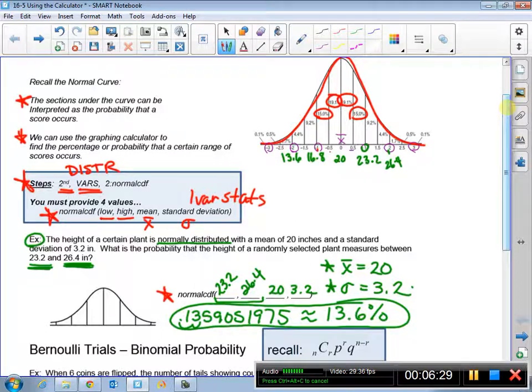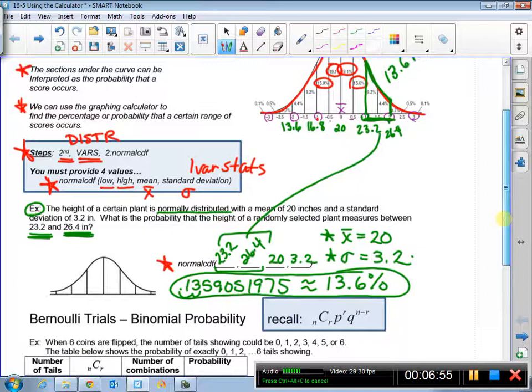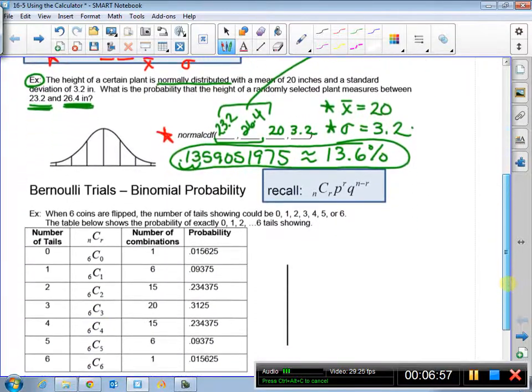If we're looking for the percentage between these, now we can put anything in there, any number I want. But notice what we got was right between the 1 and the 2 standard deviations. Put that in so that you could see that it works. And that percentage there is indeed 13.6%. But any values could go in there. I don't need to have a perfect z-score.